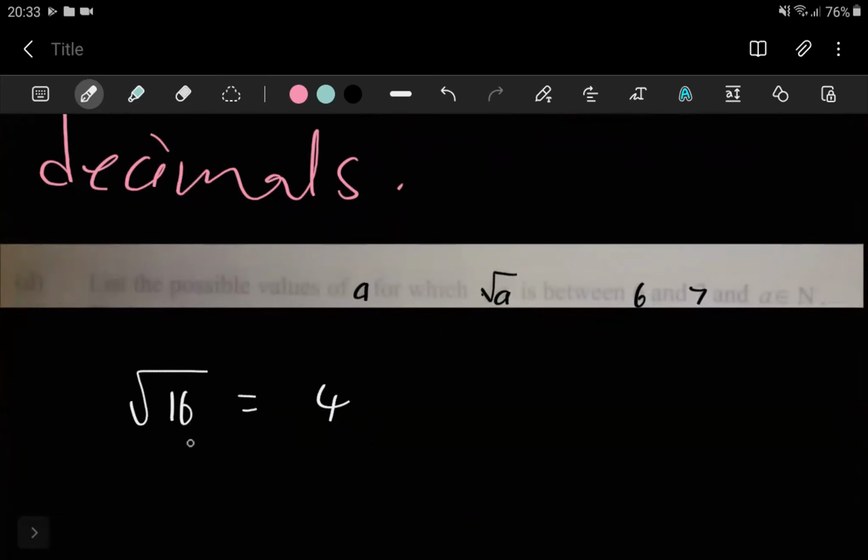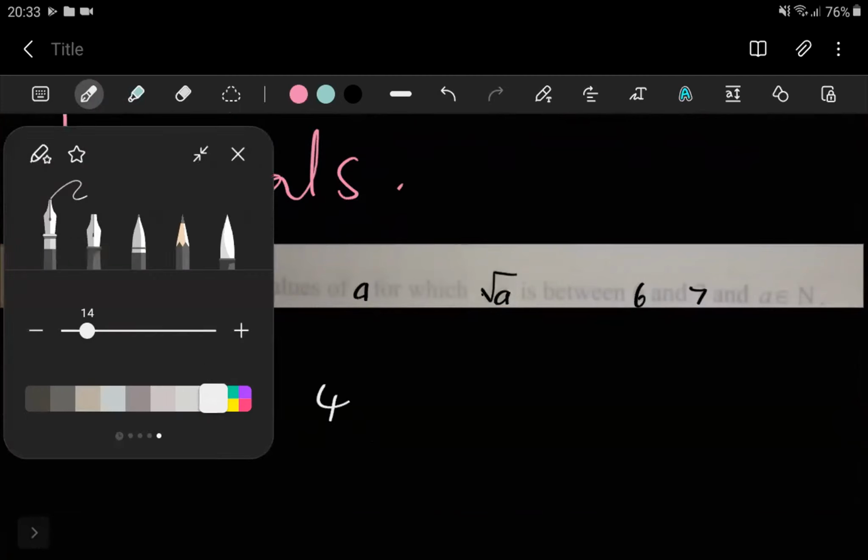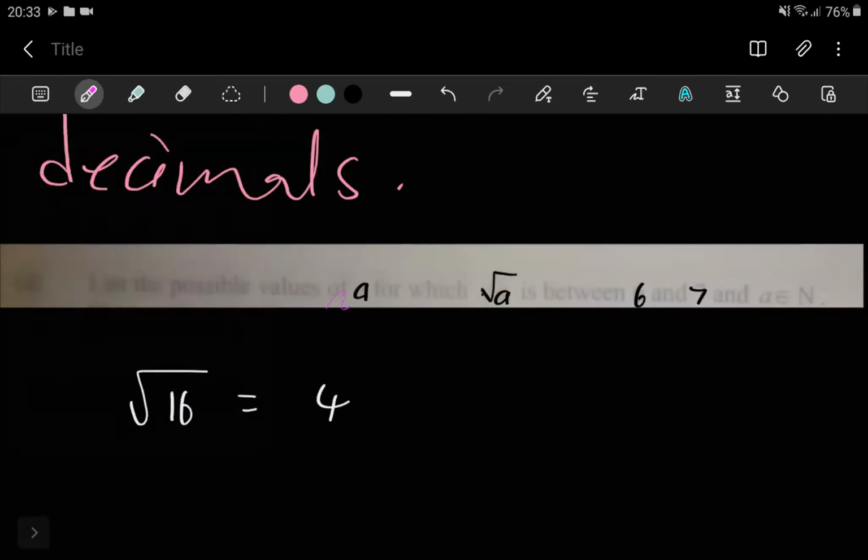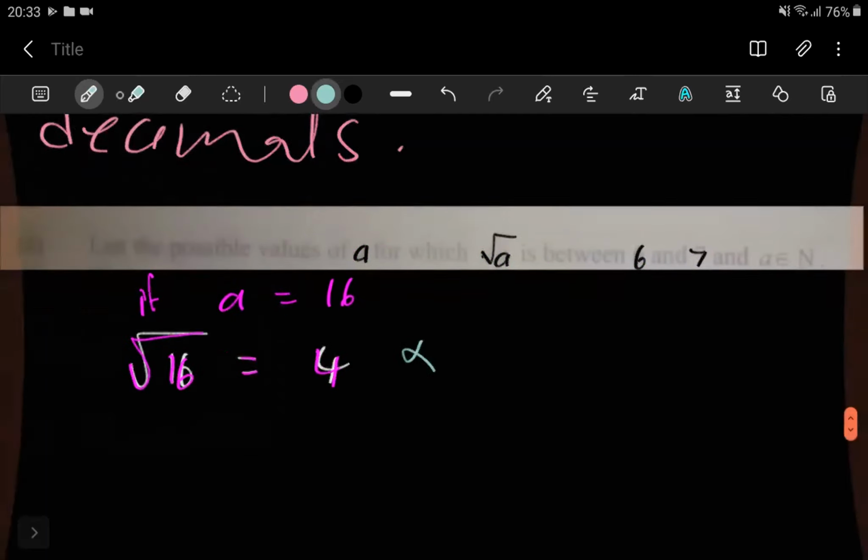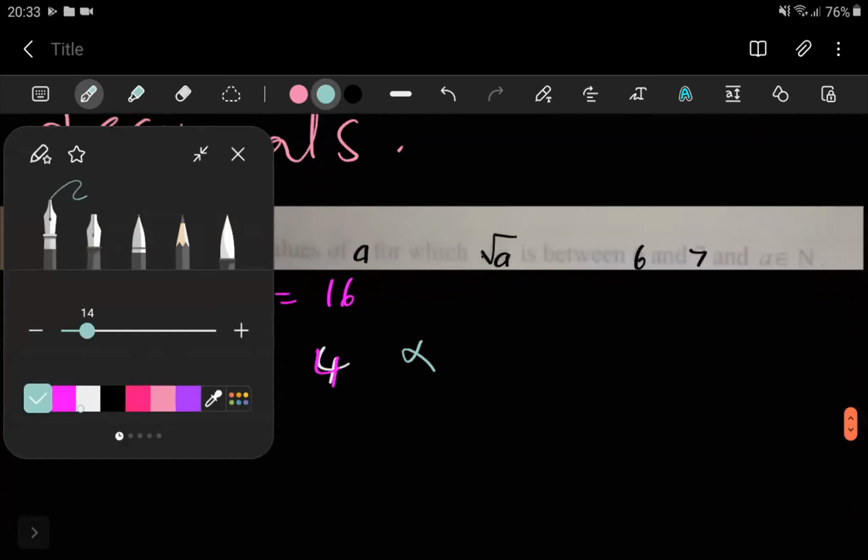So this doesn't work. Let me repeat: if a is equal to 16, then we have square root of 16, which is 4. So this does not qualify for the question that they asked us. So we have to keep going.